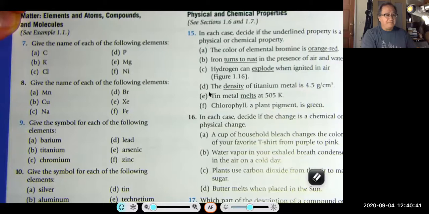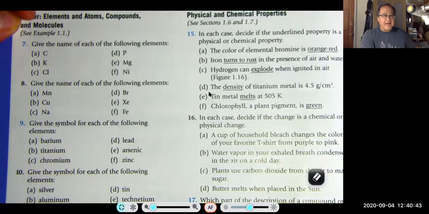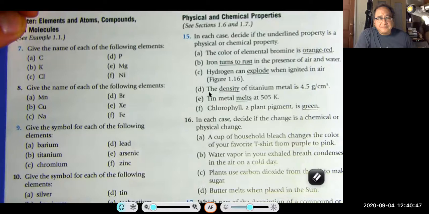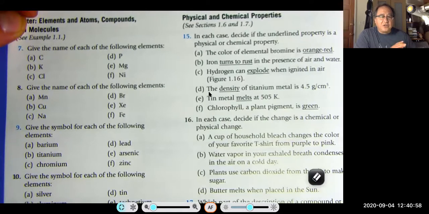But we're going to go on. Let's take a look at 9. What is the symbol for barium? Correct, it's Ba. How about B, titanium? Correct, it's Ti. So a lot of times you'll find that the symbol is the first 2 letters. Not always, but often. How about C, chromium?